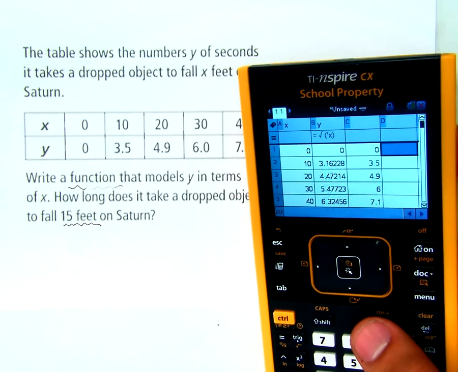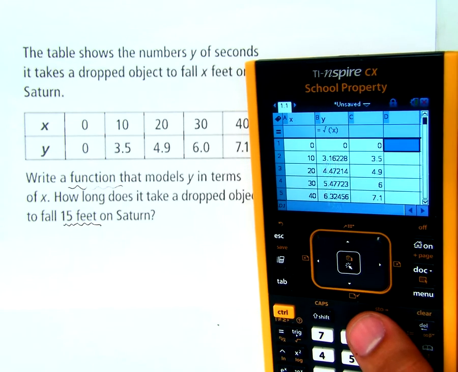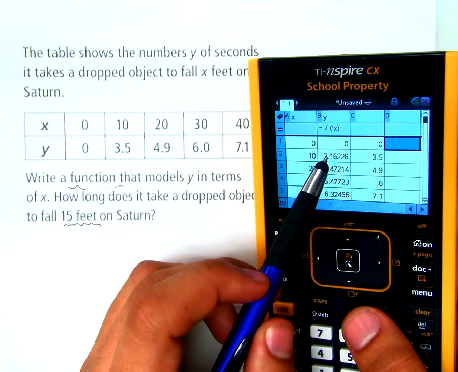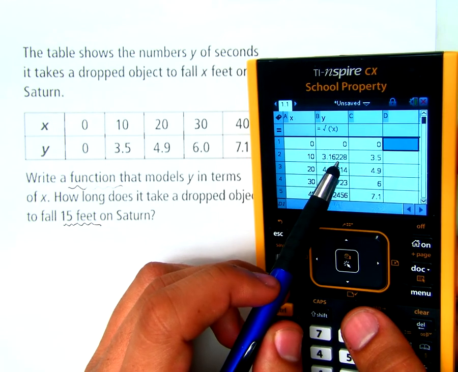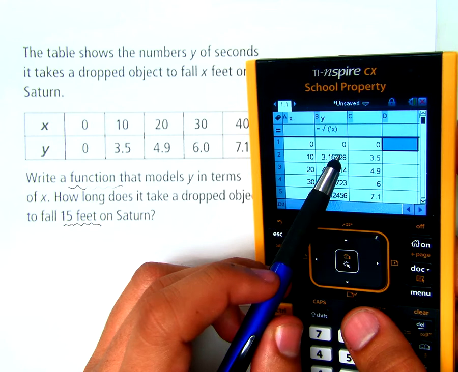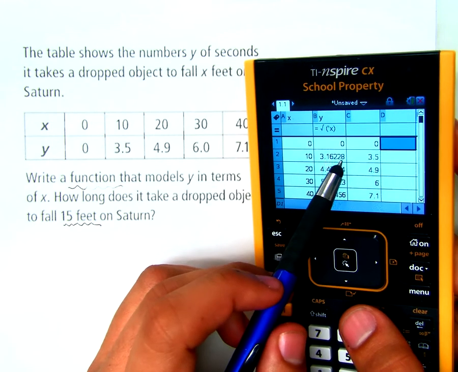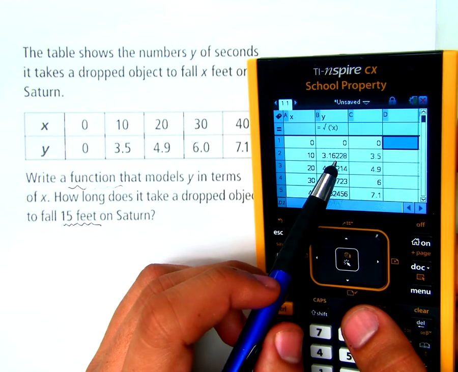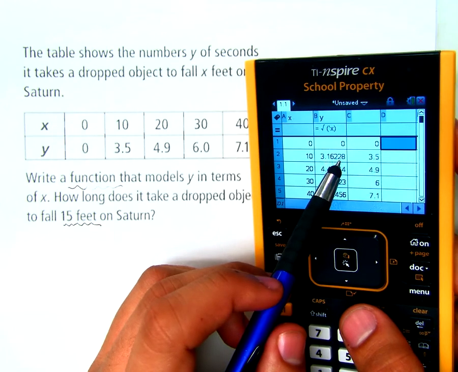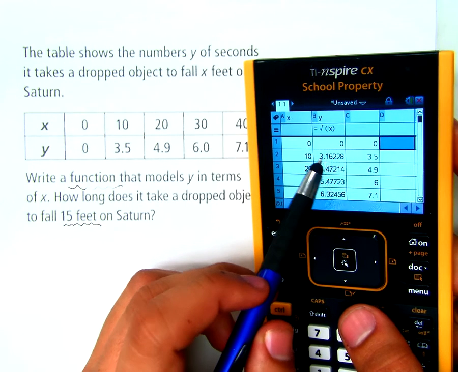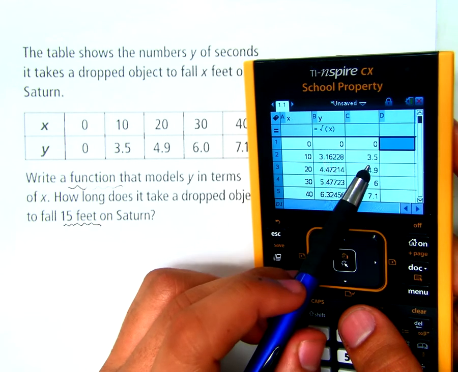The way we're going to find that is by dividing 3.5 by 3.162, and then we're going to round that to the fourth decimal place, so it'll be 3.1623. Basically, what we're finding is what was multiplied by this value to give us 3.5.